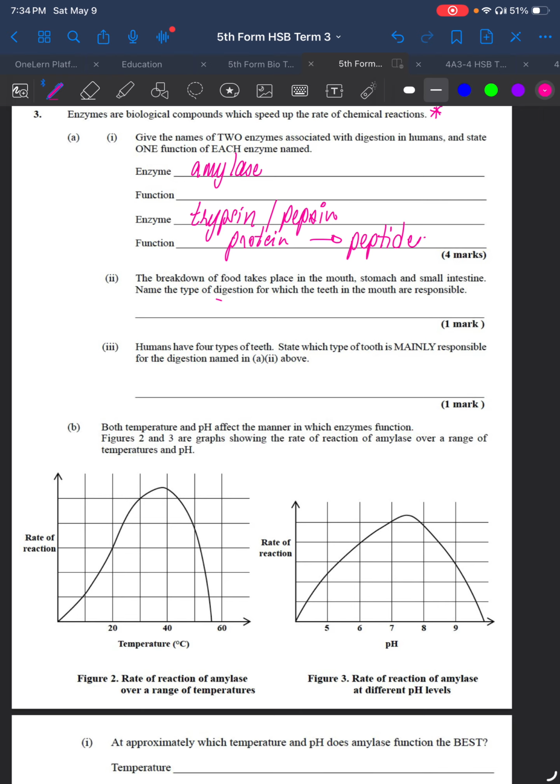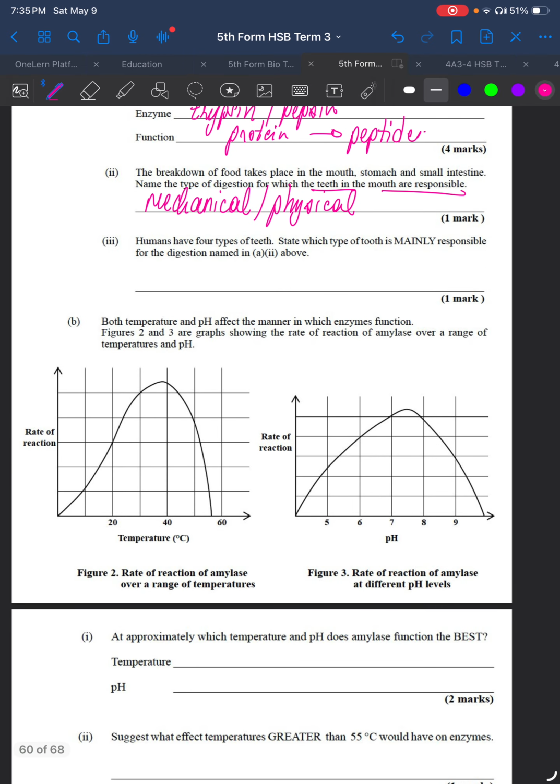Now, next question. The breakdown of food takes place in the mouth, stomach, and small intestine. Name the type of digestion for which the teeth in the mouth are responsible. We mentioned that it was mechanical digestion, or another word for that is physical. Then, humans have 4 types of teeth. State which type of tooth is mainly responsible for the digestion named above.